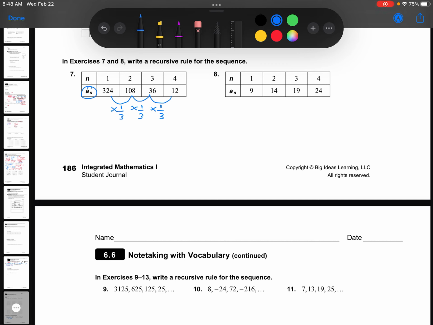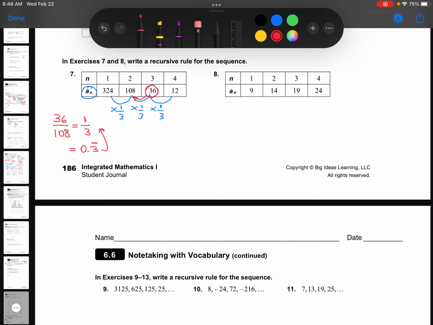Remember, if it's hard for you to identify it, what you can do is just take one of the terms and divide it by the previous term. In this case, I might take 36 divided by 108. If you simplify this fraction, you will get 1/3. Although if you do it in a calculator, you will get 0.3 repeating. But I think it's better to express it as a fraction.